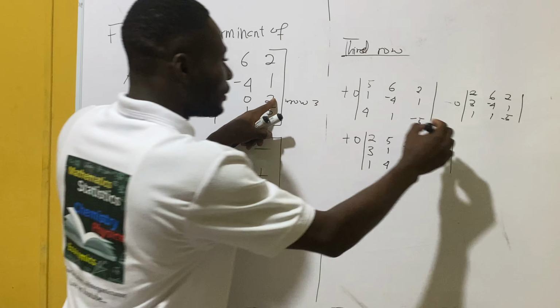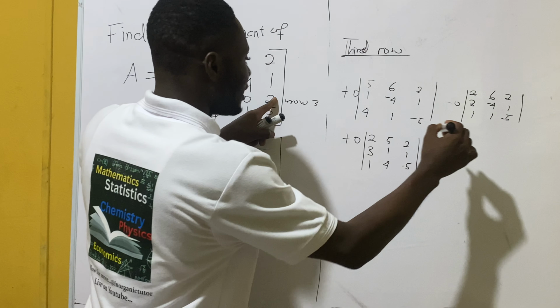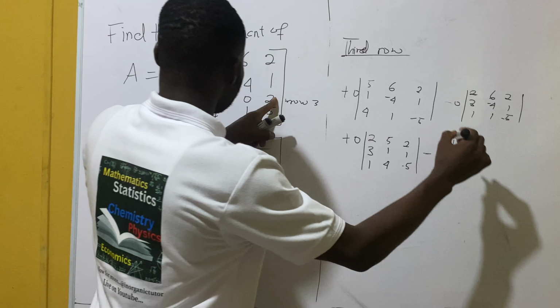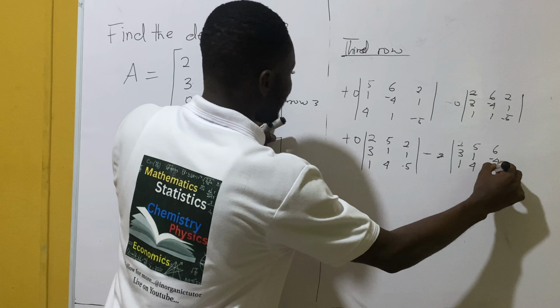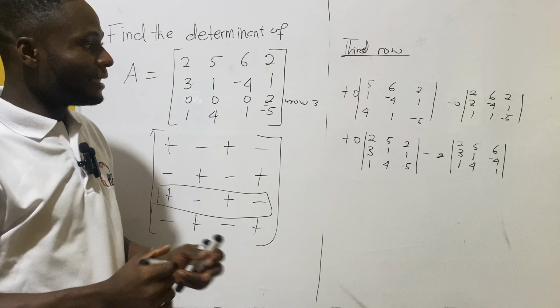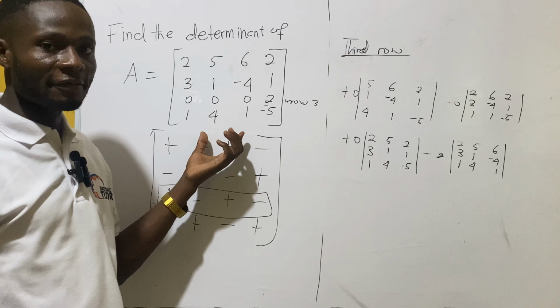So we're going to have 2, 3, 1, then 5, 1, 4, and also 6, 4, 1. So this is the matrix obtained from this 4 by 4 matrix.